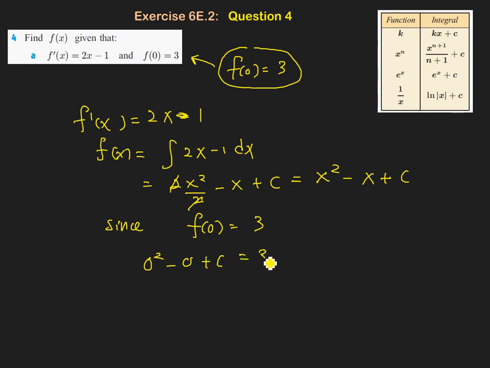So c is 3. And that means f(x) is exactly this, now that we know the value of c is 3. Right, so I hope that you would try the other questions in this exercise, and I hope the videos are helpful to you.